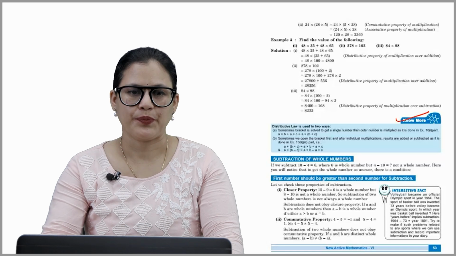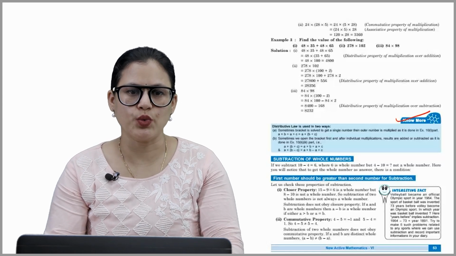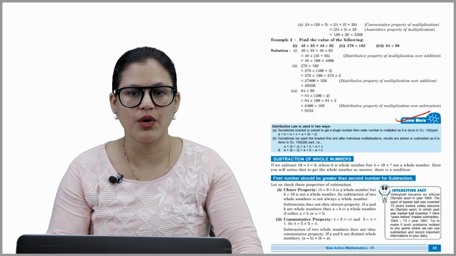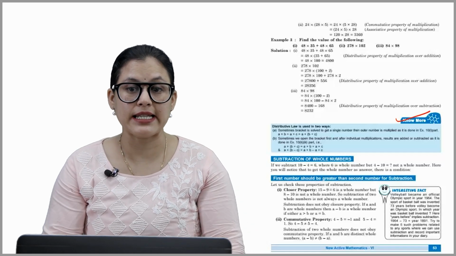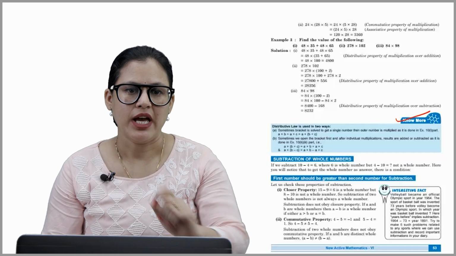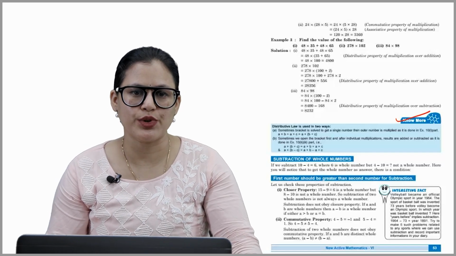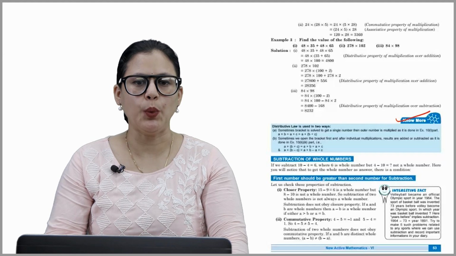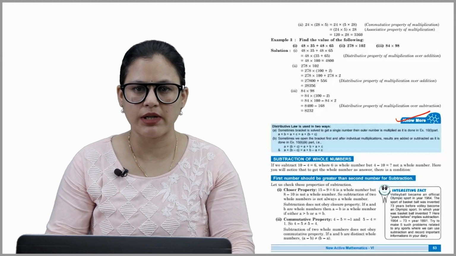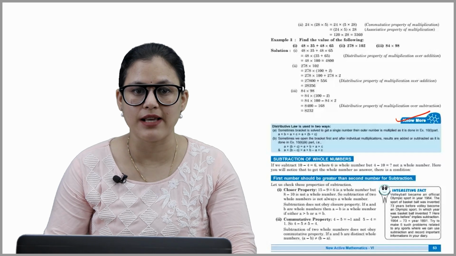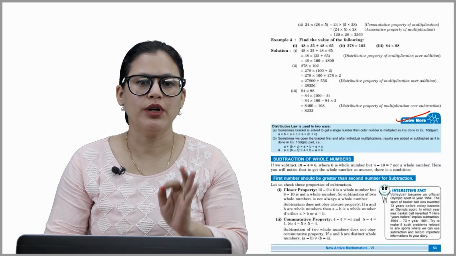Now we know distributive law is used in two ways. A. Sometimes the bracket is solved to get a single number, then the outer number is multiplied, as is done in example 10, part 1. A into B plus A into C is equal to A into (B plus C). B. Sometimes we open the bracket first and after individual multiplication, results are added or subtracted, as is done in example 10, parts 2 and 3.